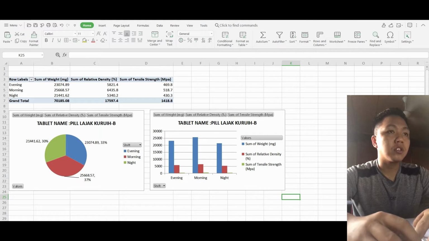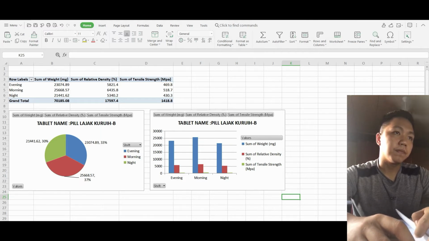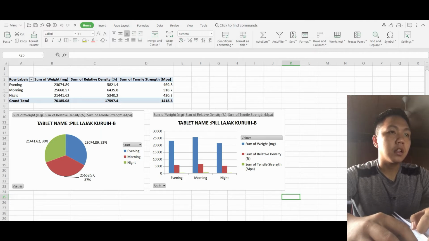And next we proceed to the graphical method. So we summarized the data in graphical form. From the bar chart here, we can see that the production is at the maximum during the morning shift. The morning shift produced the maximum value for weight, relative density, and tensile strength.